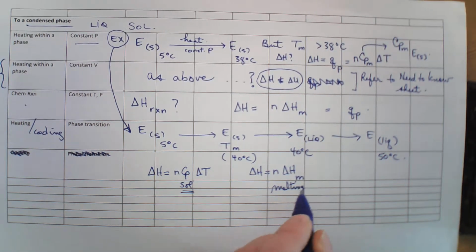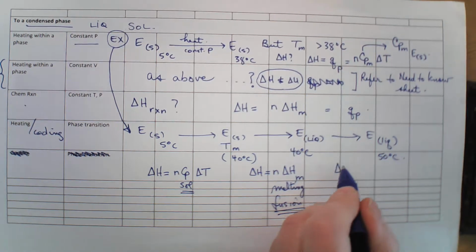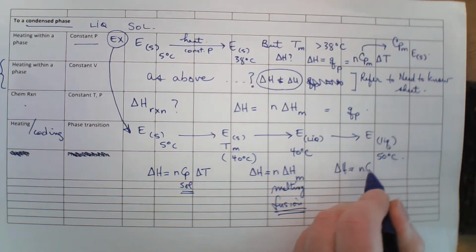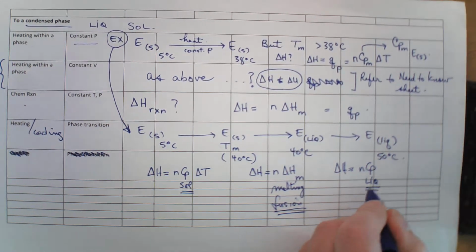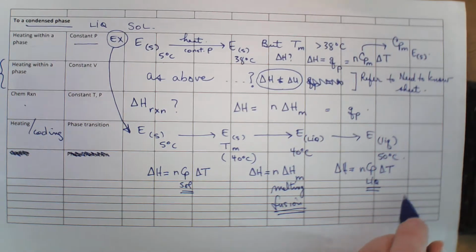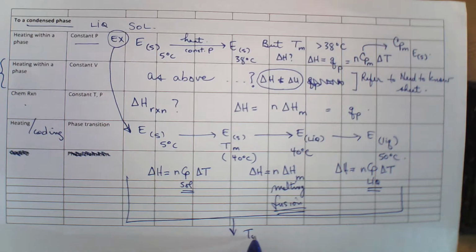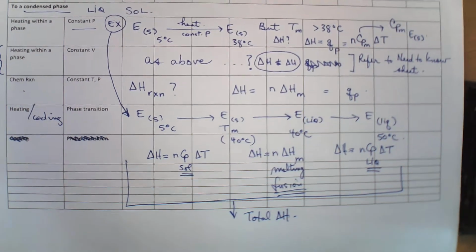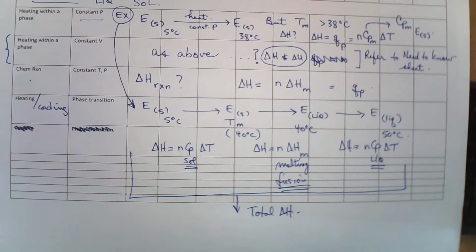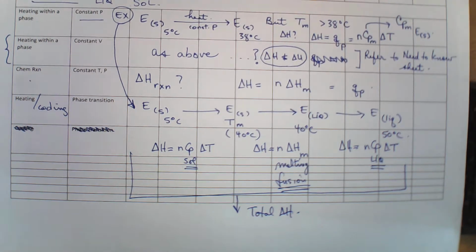We don't usually call it melting, we call it fusion. And then the delta H here would be equal to n, the molar heat capacity for the liquid, times delta T. And you can add all of these together to get a total delta H. We didn't get to do an example of this in class, but it's pretty straightforward. Okay, so that's that.